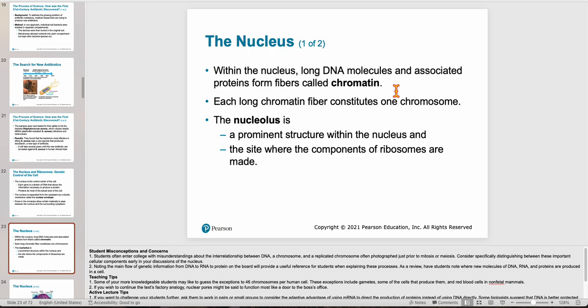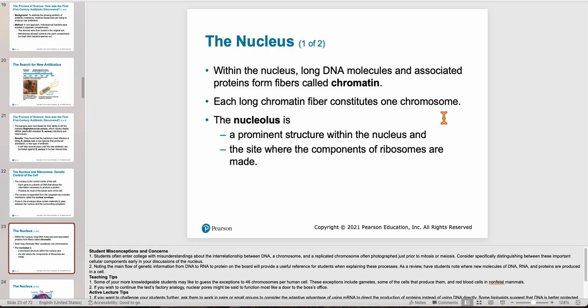So initially they're called chromatin, but yes, they are still loose DNA. And then they thicken and thicken and thicken, and they roll up like rubber band balls, and they go from chromatin to chromosome. And that happens during cell division.